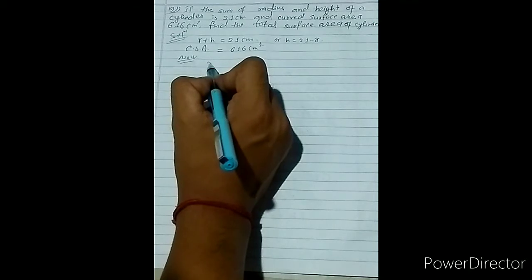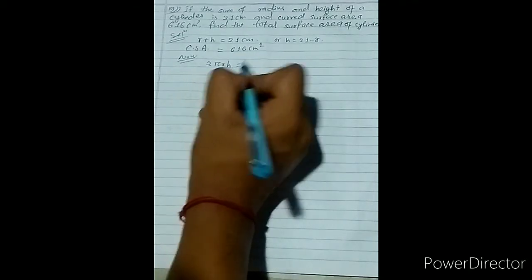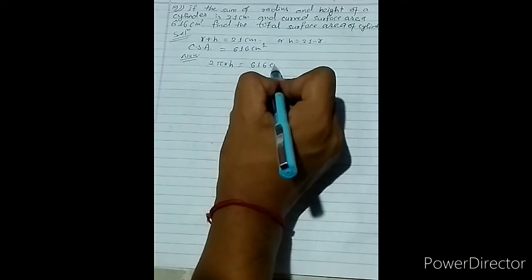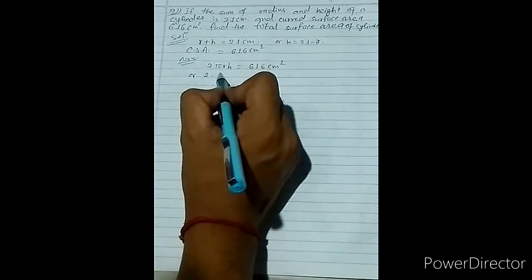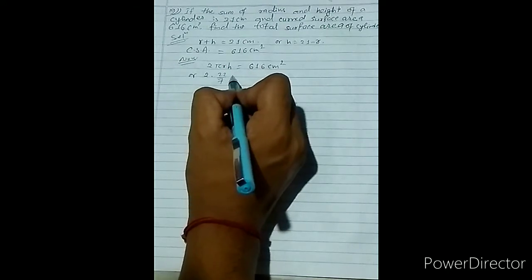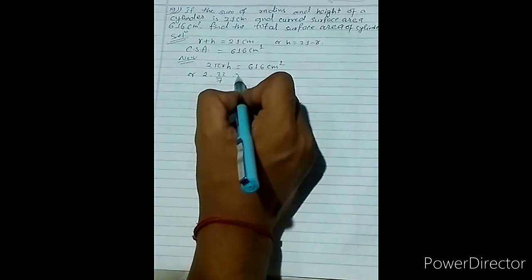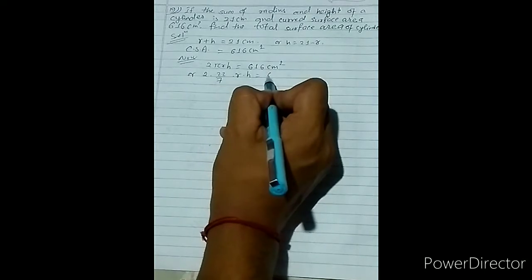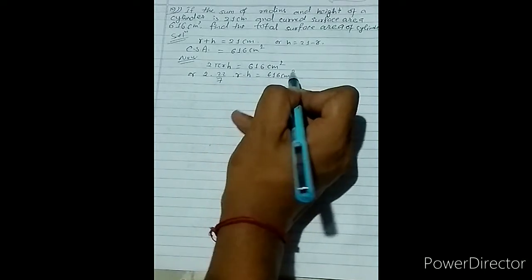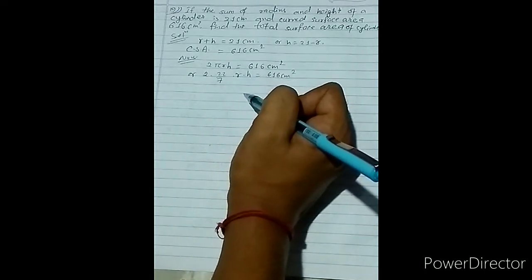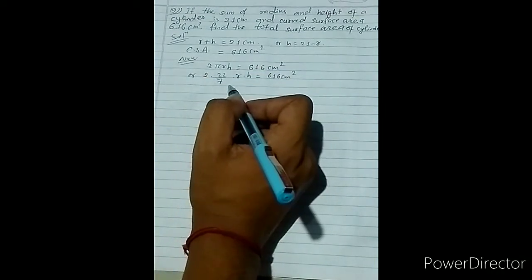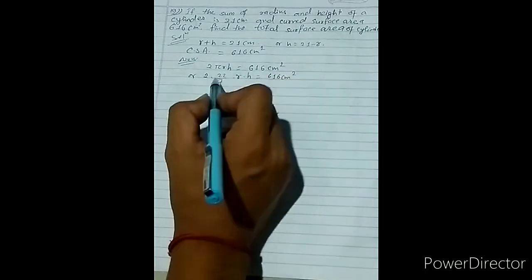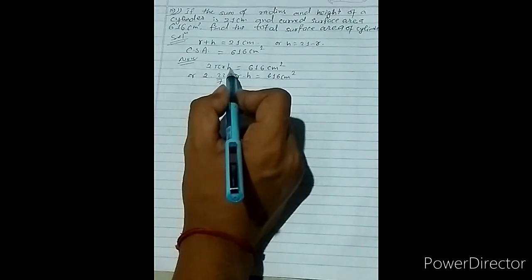Now, CSA, that is 2 pi r h, is 660 centimeter square. 2 into 22 by 7 into r into h is equal to 660 centimeter square.